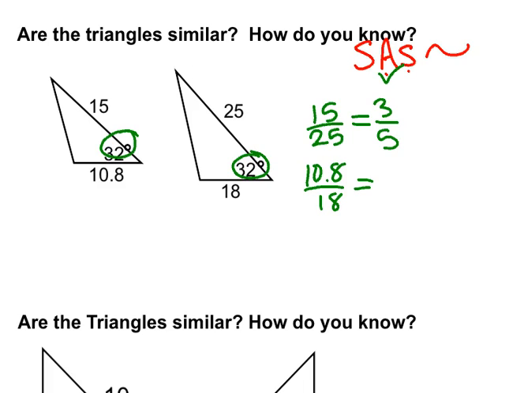You should get 0.6, and if you remember how to use your math frac button, it will turn that into a fraction for you. You should get that also to be 3/5. That means their sides have the same ratio, they're proportional. So those sides are also similar. Are they similar? Yes. The reason why is side angle side similarity.